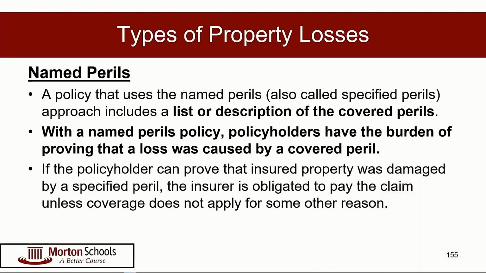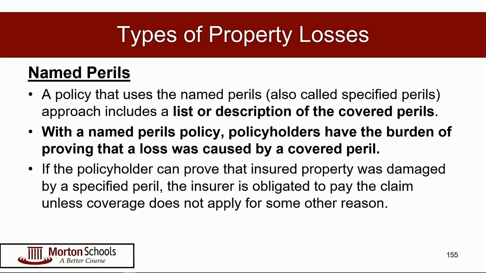A policy that uses named perils or specified perils is only going to cover those items that are on the list. One of the really important points here is that with a named peril policy, it is the policy owner that has the burden of proving the loss.